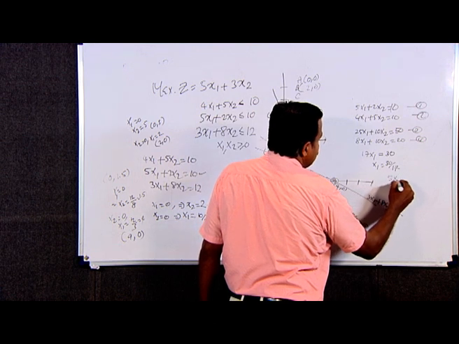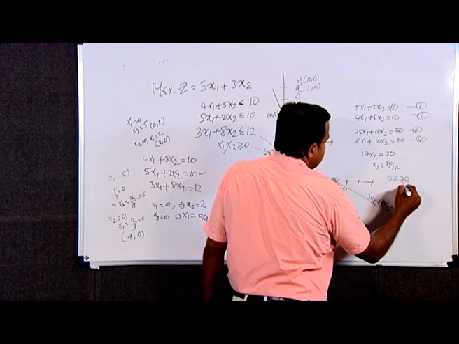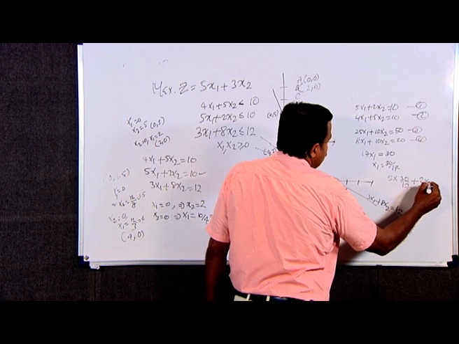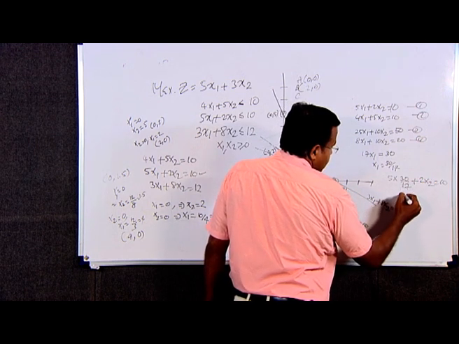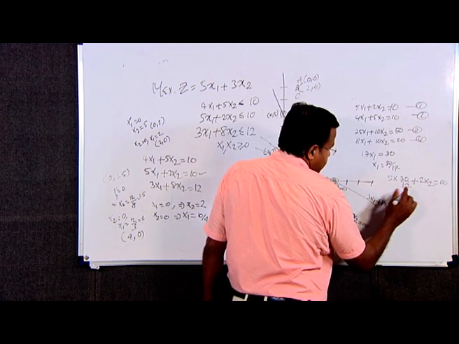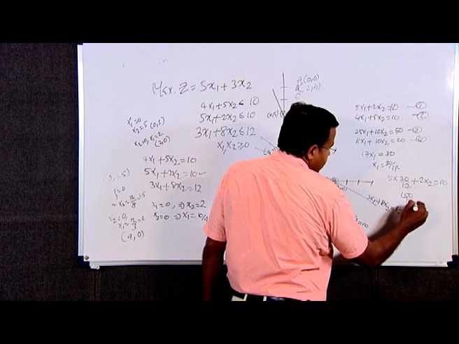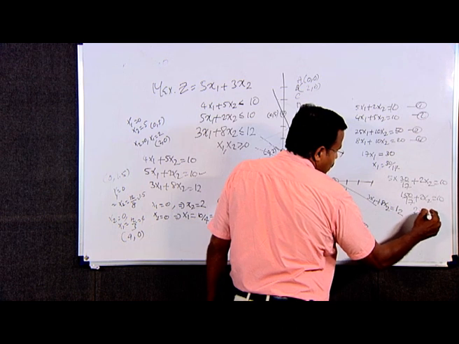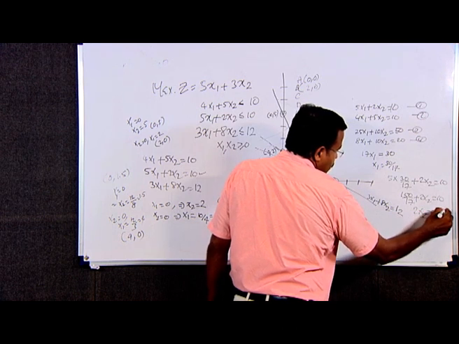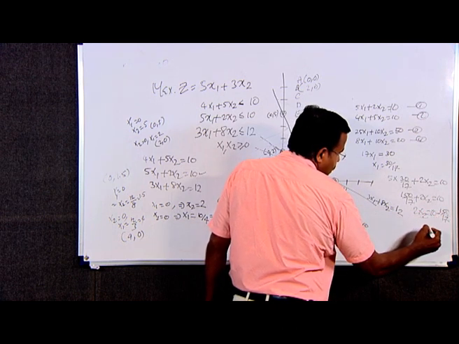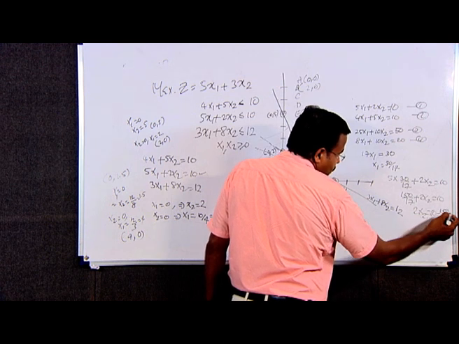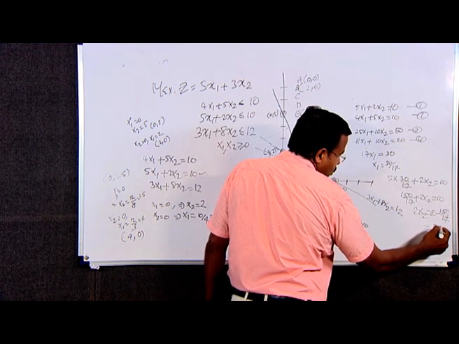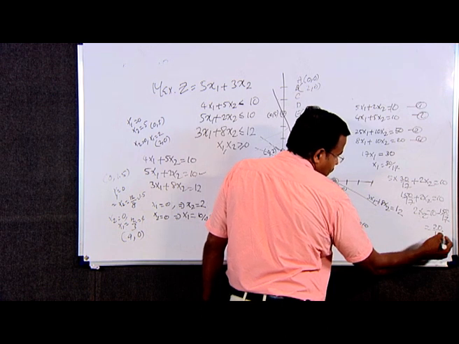So, 5 into 30 divided by 17 plus 2 into x2 equal to 10, that is 150 divided by 17 plus 2 x2 equal to 10, or 2 x2 equal to 10 minus 150 divided by 17, or 170 minus 150 divided by 17, that is equal to 20 divided by 17.